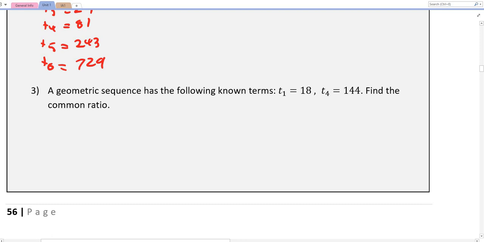We know that T1 equals 18. We don't know T2. We don't know T3. But we do know T4 is 144. How did I get from T1 to T2? One jump.